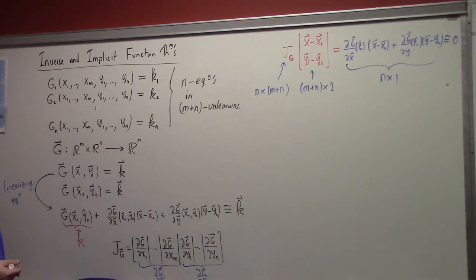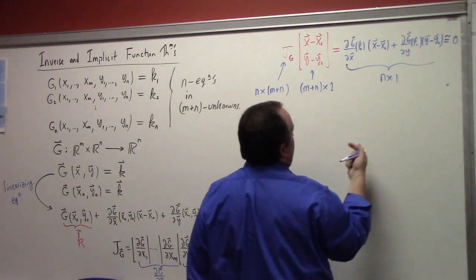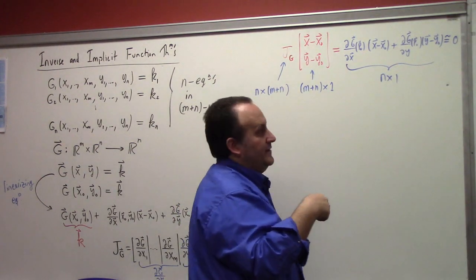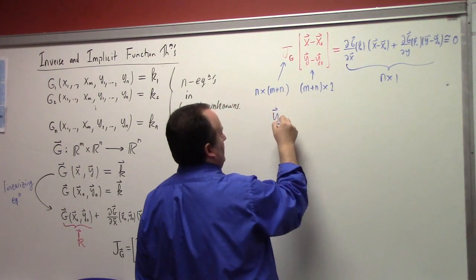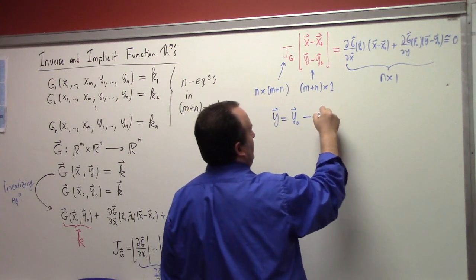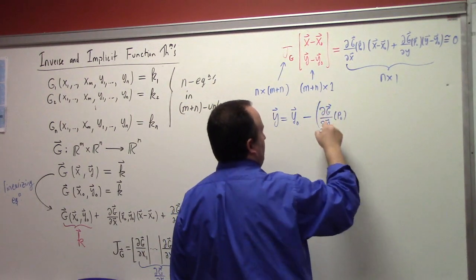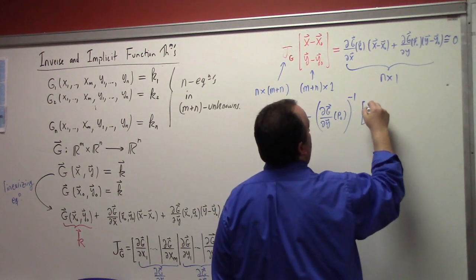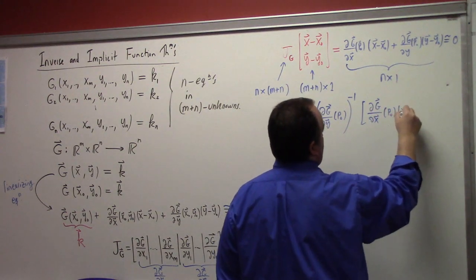But approximately we can solve for y. When can we solve for y? What condition do we need? How do you isolate y there? We can solve for y equals y naught minus partial g, partial y at p naught inverse times the partial g, partial x at p naught times x minus x naught.